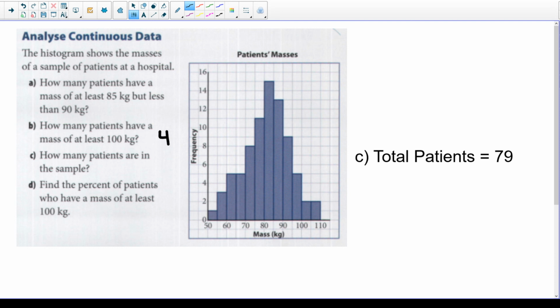So for D, we're going to do 4 divided by the total, which is 79, and then multiply that answer by 100 to get our percentage. And if you do that, you're going to get 5.1%. So there is some math we can do with these bar charts of finding percentages of different values.